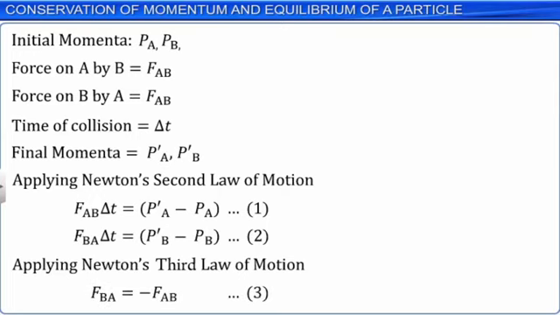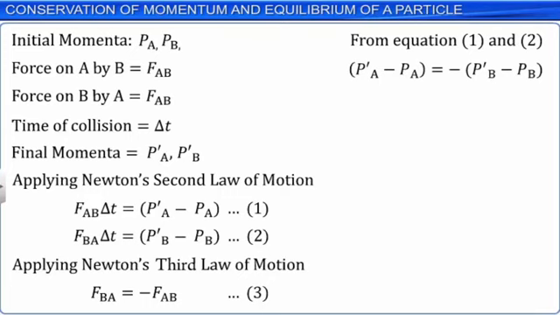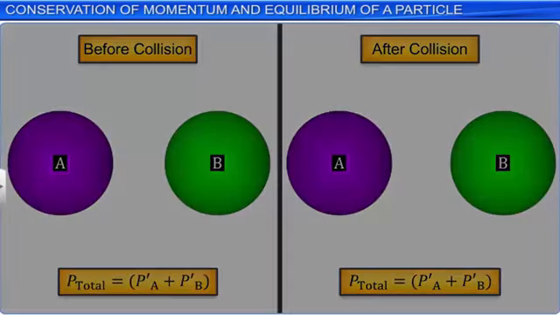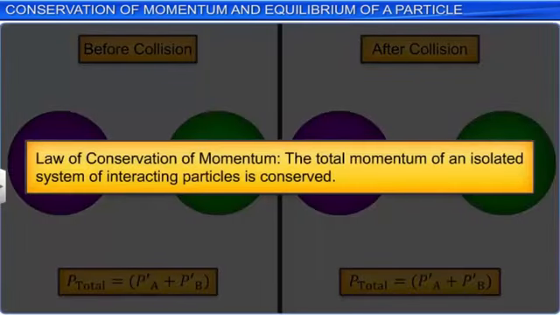Substituting the values from equations 1 and 2 in equation 3 and resolving, we get P_A plus P_B is equal to P'_A plus P'_B. This shows that the total momentum before the collision is equal to the total momentum after the collision. This proves that the law of conservation of momentum holds true for all isolated systems.